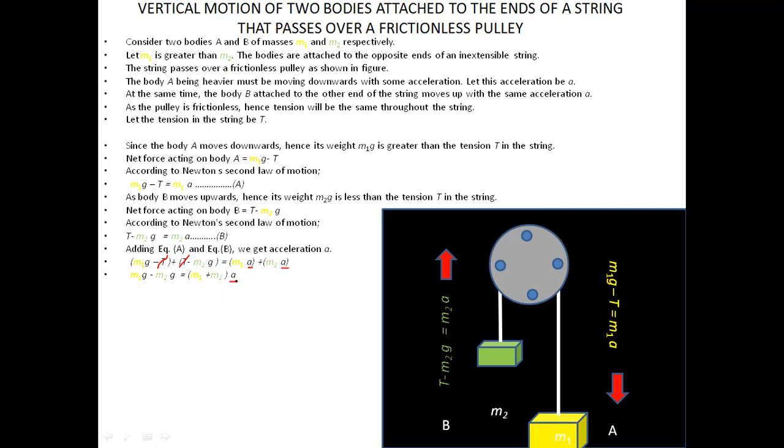The g is also constant, so we take g, the acceleration due to gravity, as common as well. Now we can rearrange this equation to find the value of a. So a is equal to m1 minus m2 divided by m1 plus m2, into g. Just take m1 plus m2 to the other side and we get the value of acceleration.